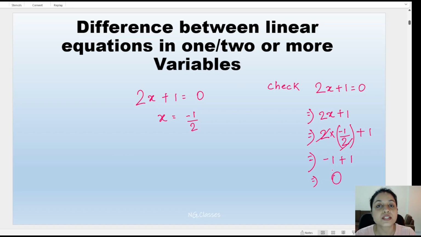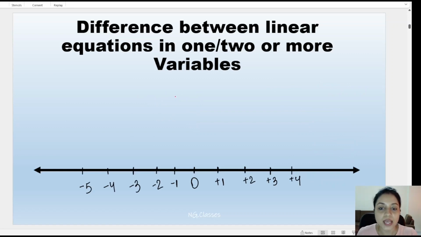We can also represent this solution on the number line. Let's represent it. So we are having x equals minus 1 by 2, and we know it's a rational number, and we also know how to represent a rational number on the number line. So here it's a negative number, so definitely we have to move along the left hand side of 0, and minus 1 by 2 means minus 0.5, which will lie in between 0 and negative 1.